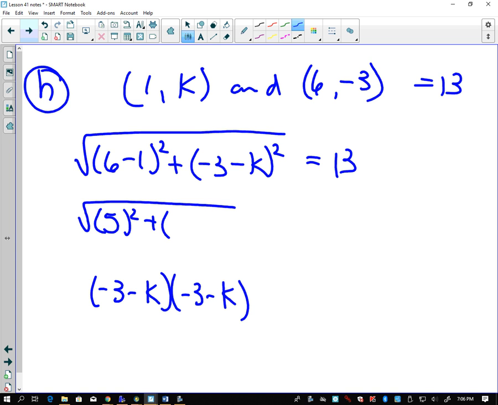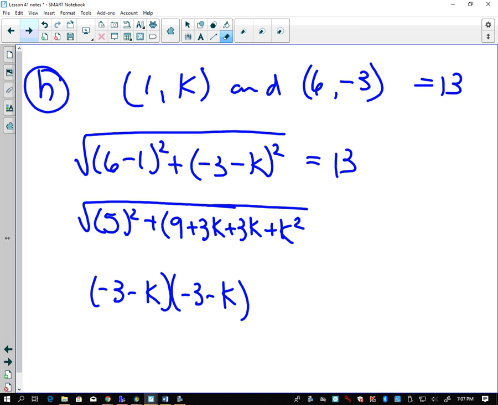Negative 3 times negative 3 is 9. Negative 3 times negative k is plus 3k. Negative k times negative 3 is plus 3k. And negative k times negative k is k squared.